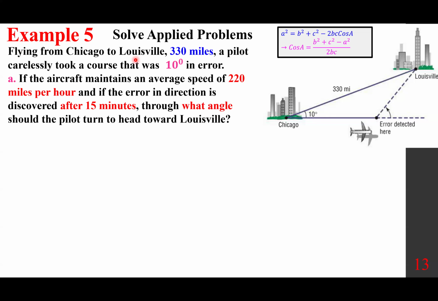Flying from Chicago to Louisville, 330 miles, a pilot carelessly took a course that was 10 degrees in error. So we're going to go this way and cover 330 miles, but we go this way by mistake, which has a 10 degree error.